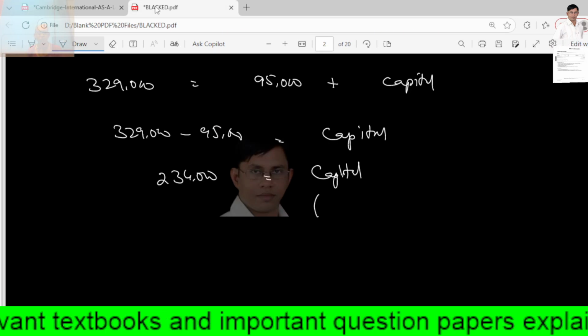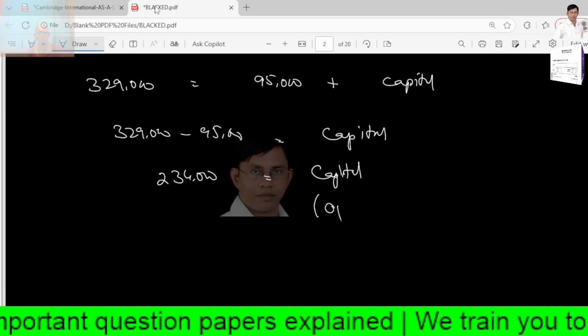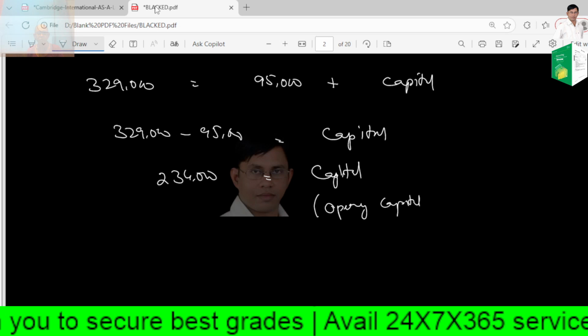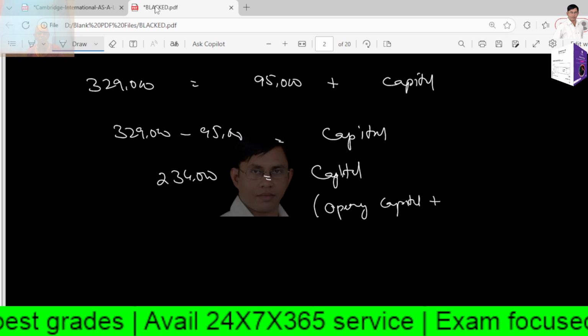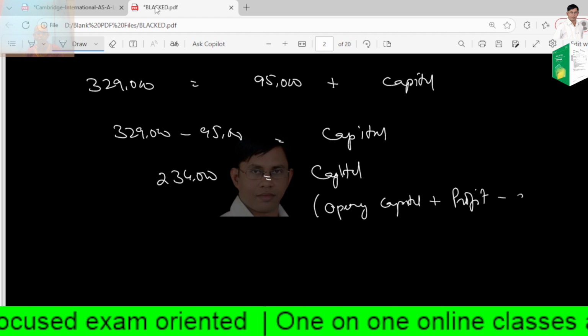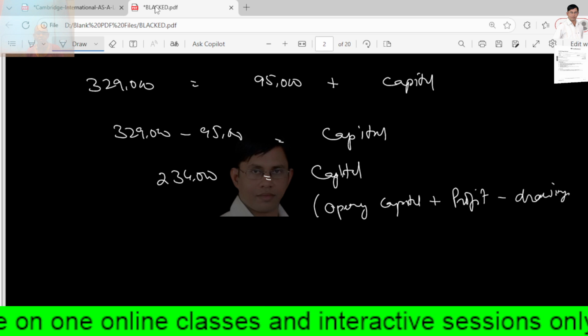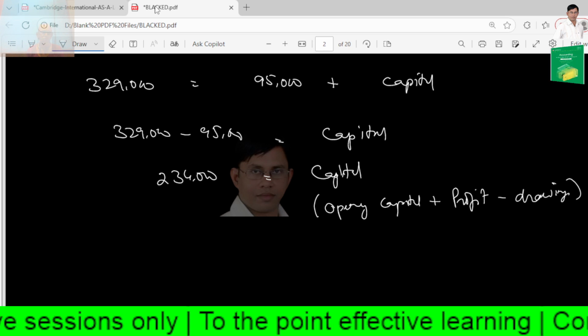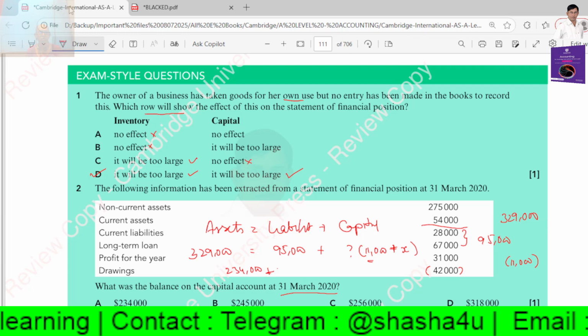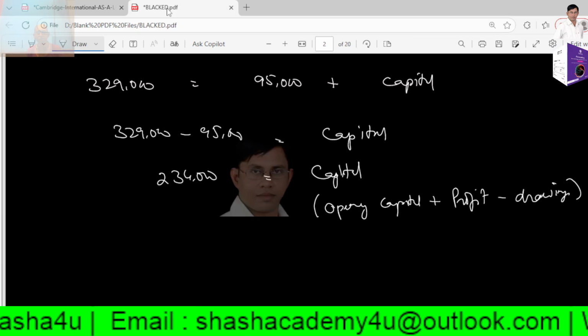See, opening capital plus profit minus drawings. Correct. So this is what is capital, right? So capital is opening capital plus profit minus drawings.